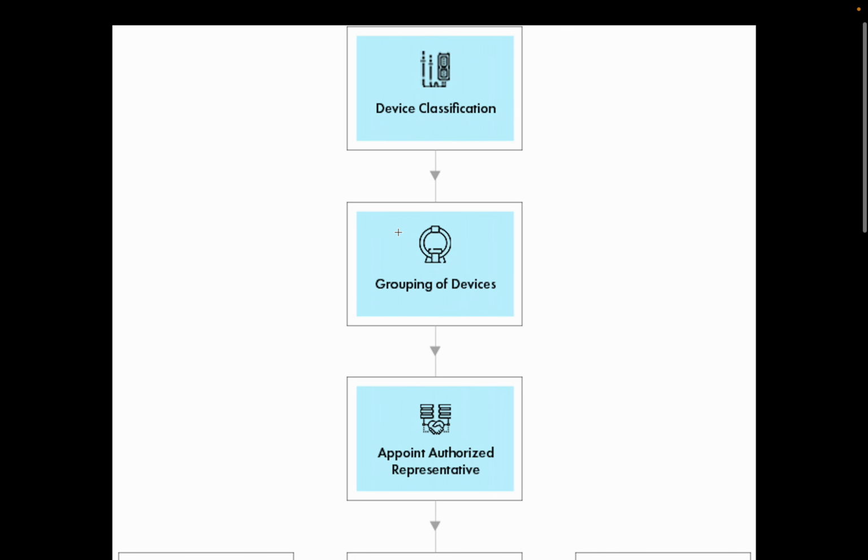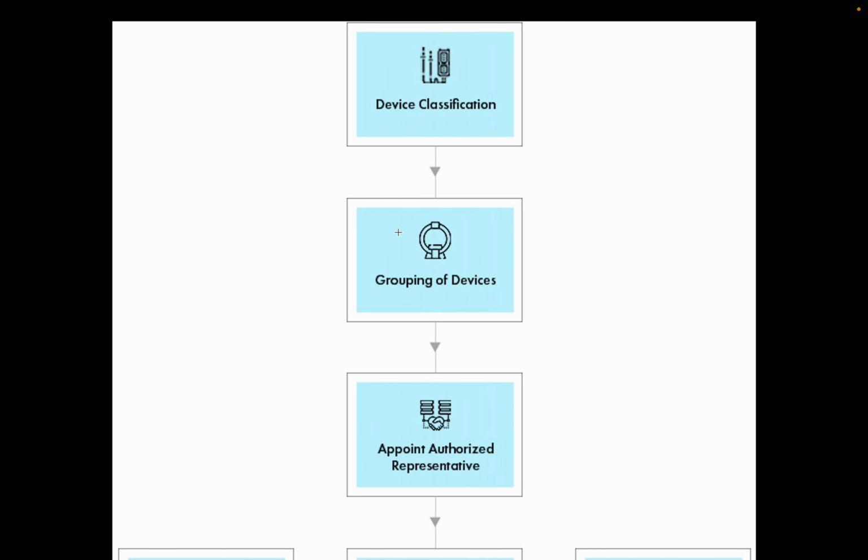Okay, fine. So let's say, as I told you, you have the 4 categories of the device, class 1, 2, 3 and 4 respectively. So this device needs to be classified. If a manufacturer has similar devices falling in one particular class, they need to do the grouping of the devices.